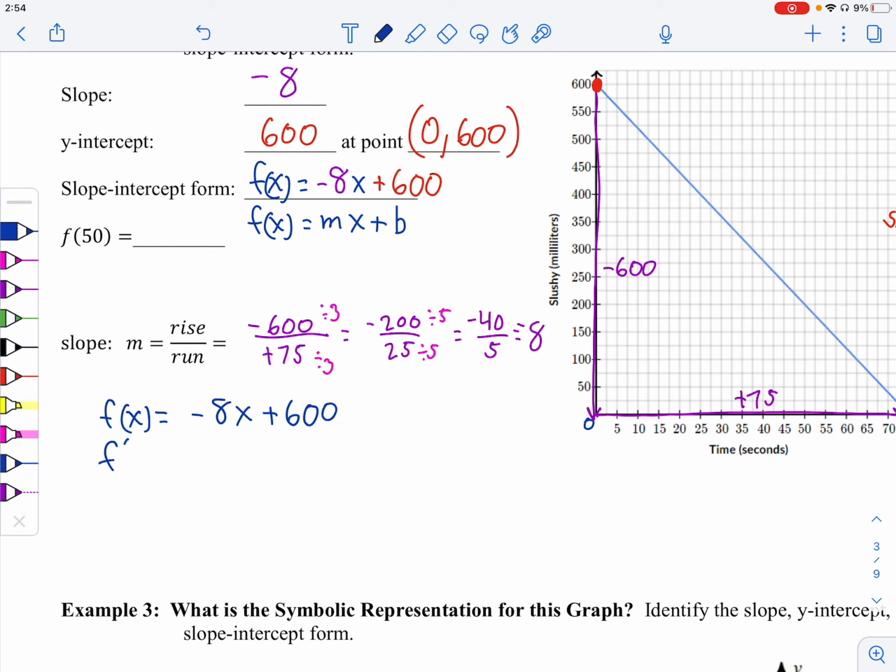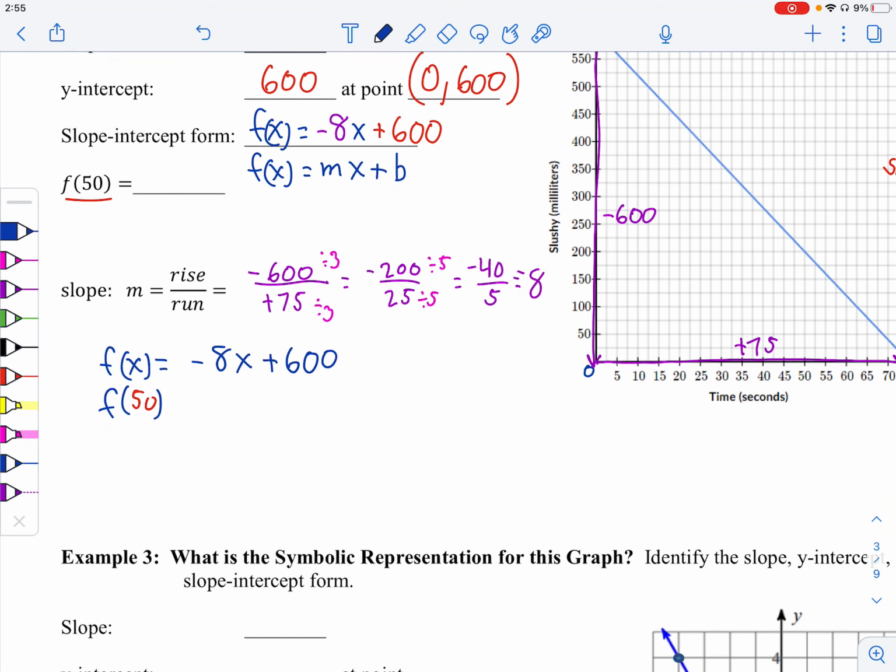Then we're going to find f of 50, because that's what it's asking. So f of 50 equals negative 8, and I'm going to put parentheses every time I see x and just replace that x with 50. Then we do our function notation: negative 8 times 50 is negative 400, plus 600 equals positive 200.